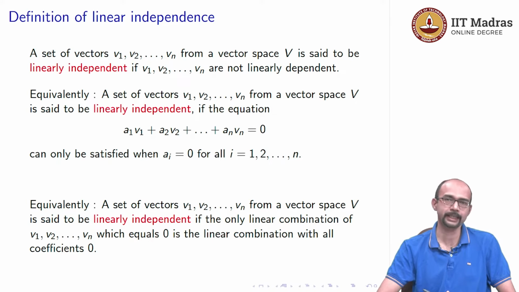If all the a_i's are 0, then the summation is going to be 0. What we are saying is that if the sum is 0, then the coefficients must be 0. In other words, the only way of getting 0 as a linear combination is if the coefficients are 0. I want to emphasize that to check that something is linearly independent, which we will do at the end of this video, we have to check that all the a_i's are 0.